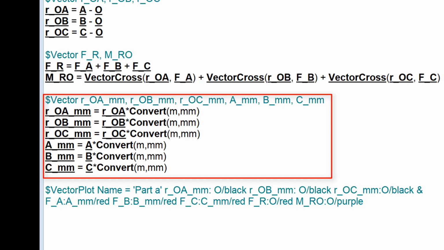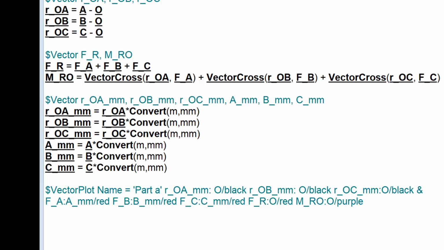And then I'll use the vector plot directive to make a plot showing this information. So I'm going to call the plot part A. I'm going to plot the position vectors, ROA, ROB, and ROC in millimeters, and I'll make them black, and I'll have them obviously start at the center of the table.